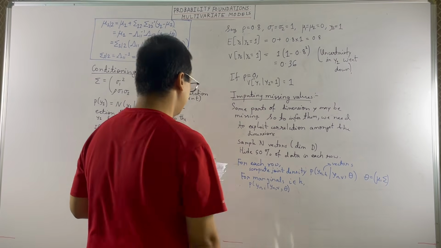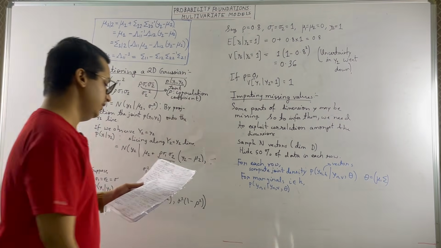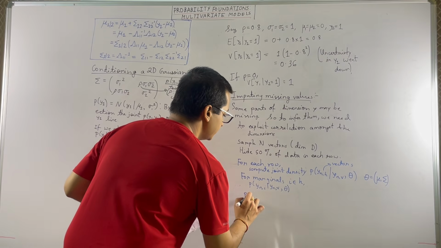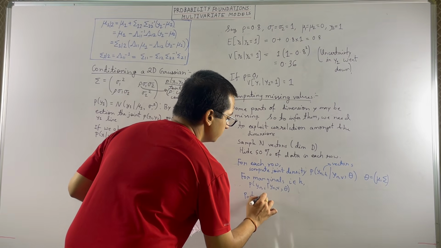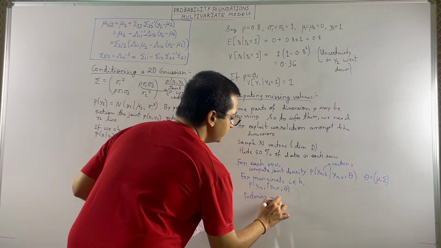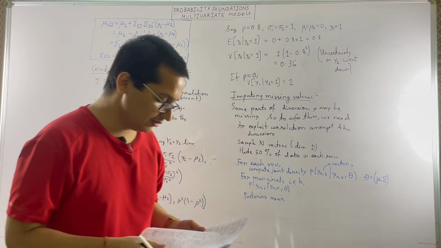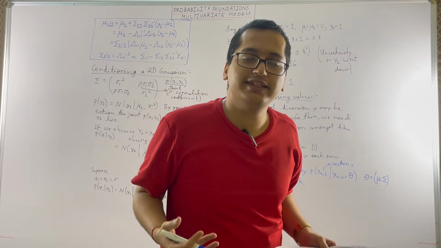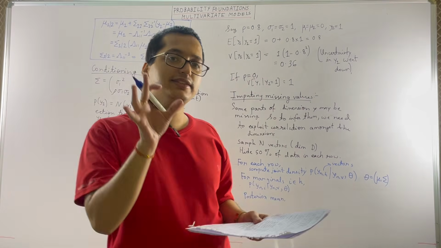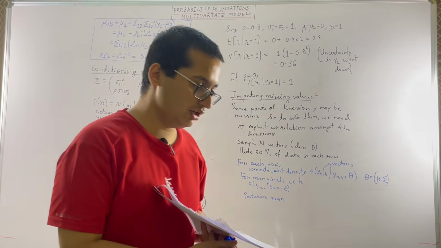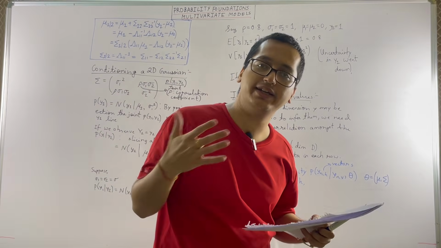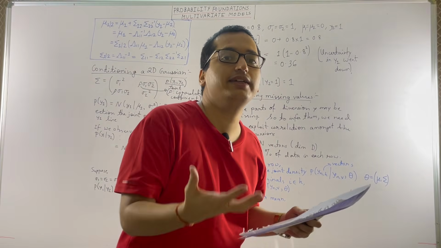Okay, and once we have computed the marginal, we can compute a posterior mean. Posterior mean is the kind of thing that we always compute in statistics, because it's like the best guess that we can have, and it minimizes the expected squared error. I told you about minimizing the squared error.